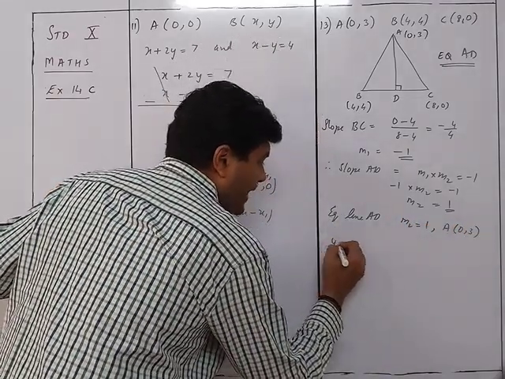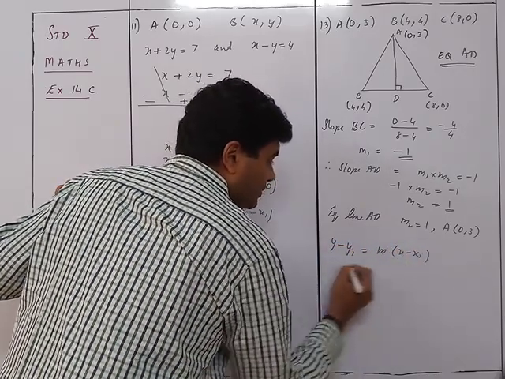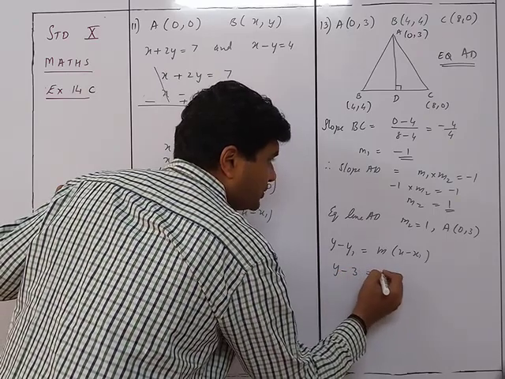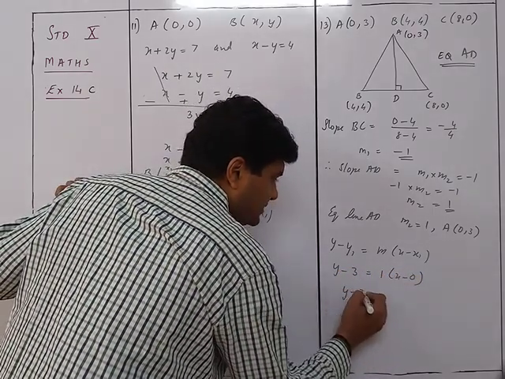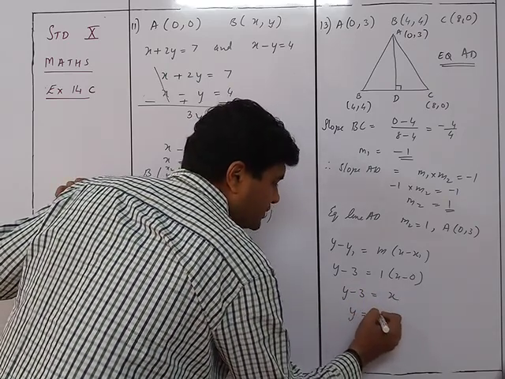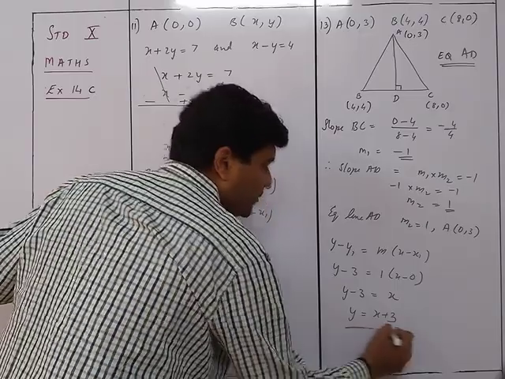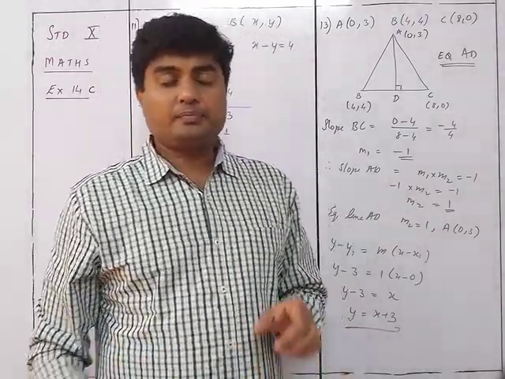Accordingly, we have y minus y1 is equal to m(x minus x1). So y minus 3 is equal to 1(x minus 0). So that gives me y minus 3 is equal to x, or we can write y is equal to x plus 3. That's the equation of the line AD. Understood?